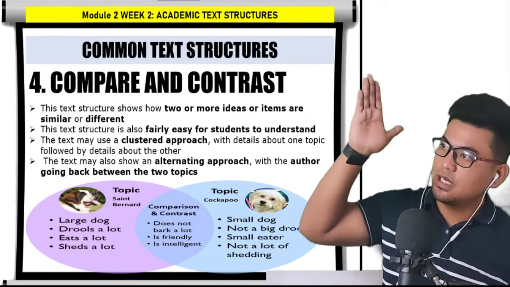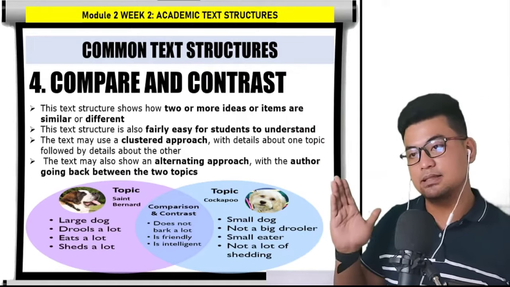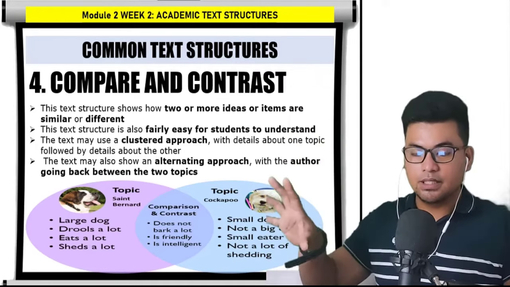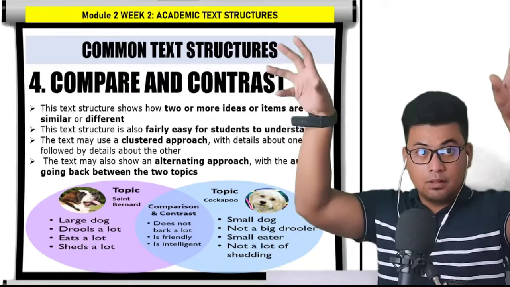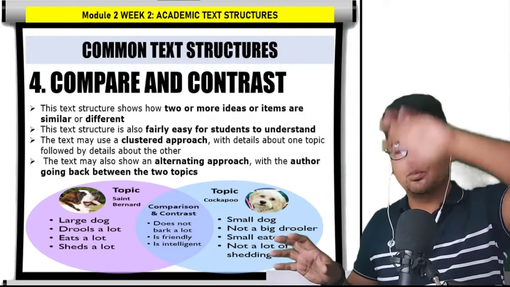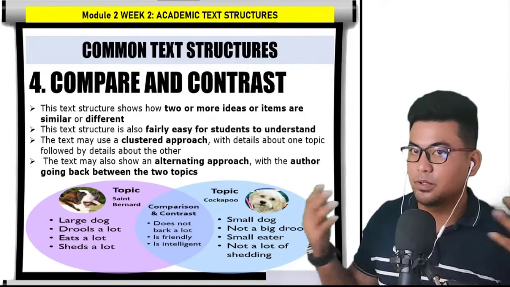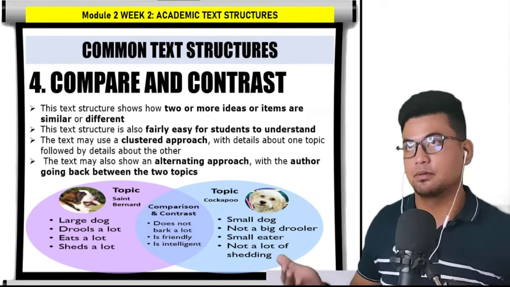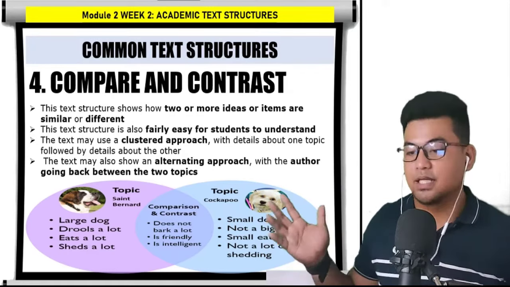Set 2, that is him, that is her, that is it. Okay? So, and then see the differences between them in that cluster, and then the set 3 would be the similarities between the two different things, animals, persons, places, or any such thing.